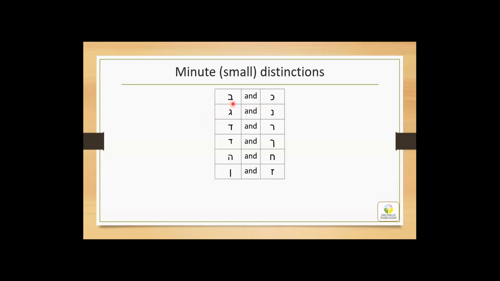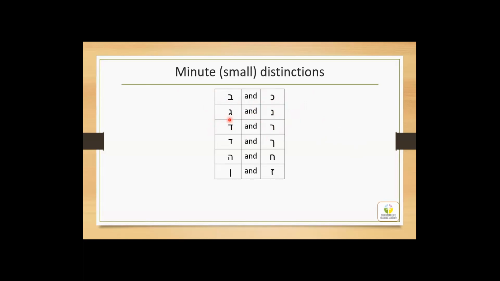But that Vet has got a tittle. The Kaf doesn't have a tittle. It's just a C. Right? The Bet has got the tittle on, and the Kaf is just a C. So if you want to confuse the two, you're going to change the word and you're going to change the spelling.